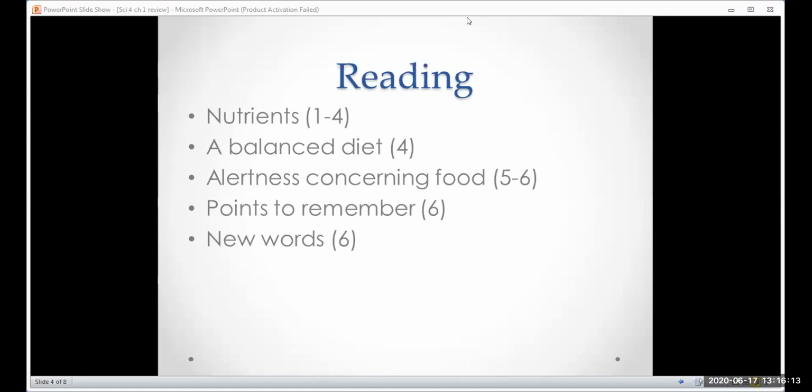Meat, fish, eggs, milk, cheese, pulses, and nuts are rich in proteins. Yes, these are the proteins, and proteins help in the growth as babies need more protein in their diet. So the next student who is going to read carbohydrates is Zen. Zen, unmute your mic. Alifia, you can mute your mic now.